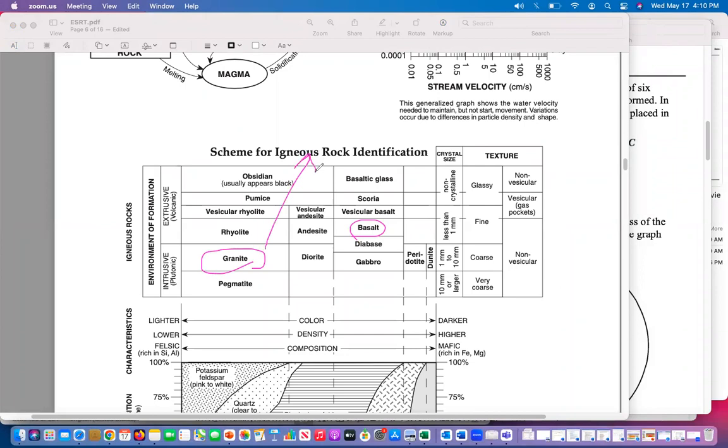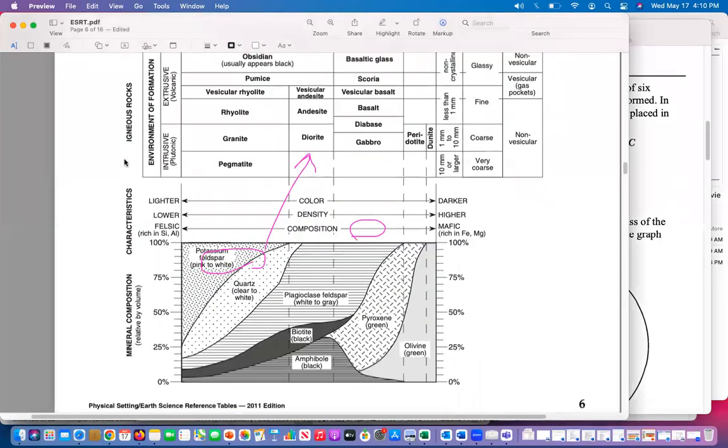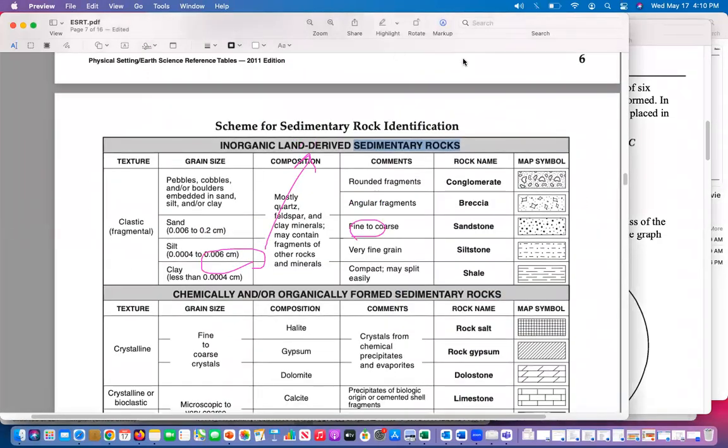I get that. Granite and basalt are igneous rocks. Let's take a look. Sandstone and shale. Where do I find that? Sandstone and shale are sedimentary rocks.